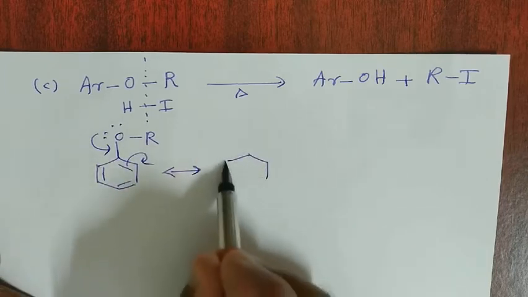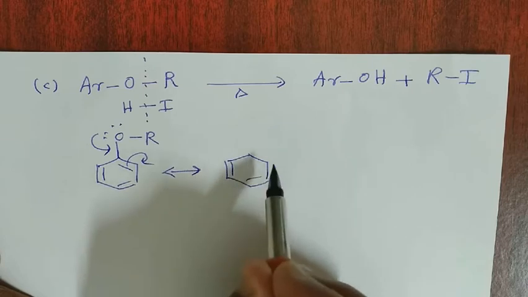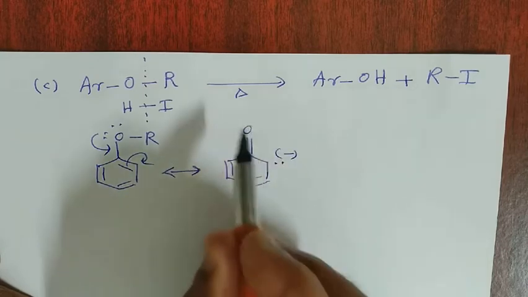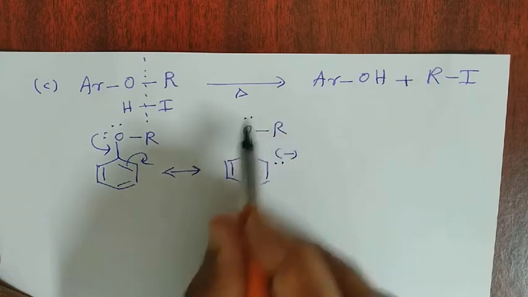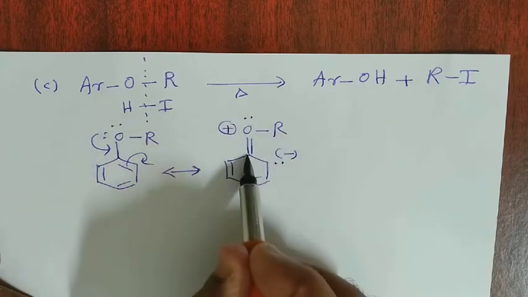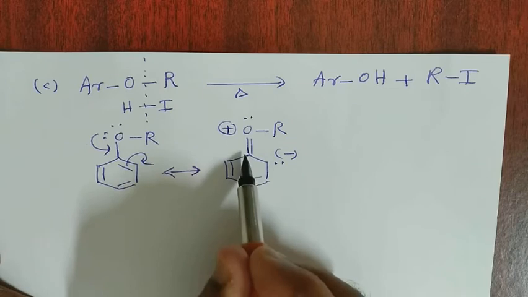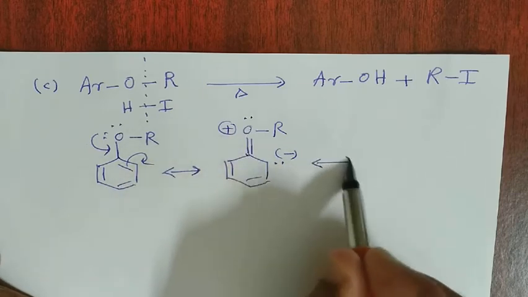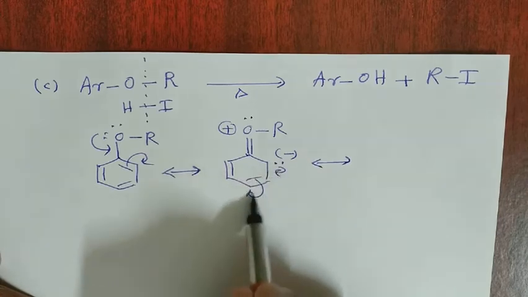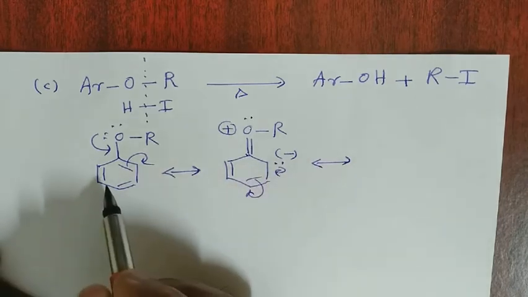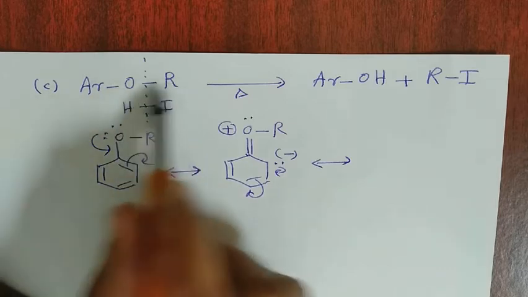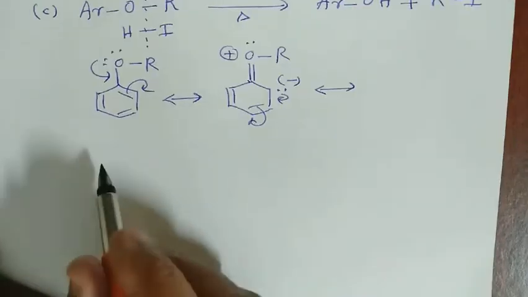Due to the +R effect of the alkoxy group in aryl alkyl ethers, the carbon-oxygen bond between the aryl group and oxygen has a partial double bond character. Hence, the bond between the alkyl group and oxygen undergoes cleavage.